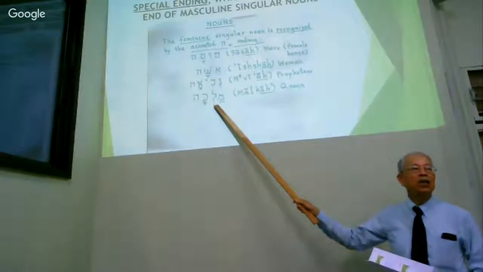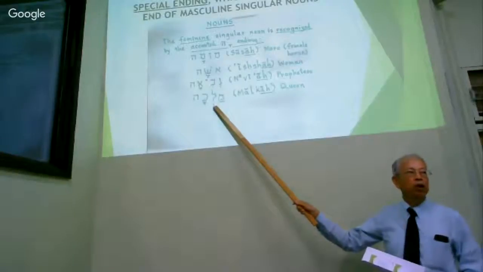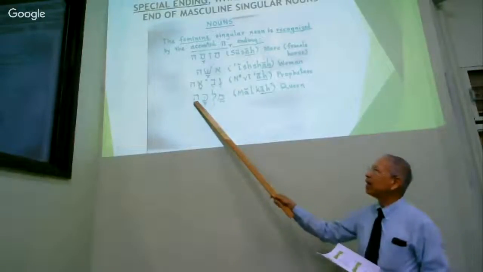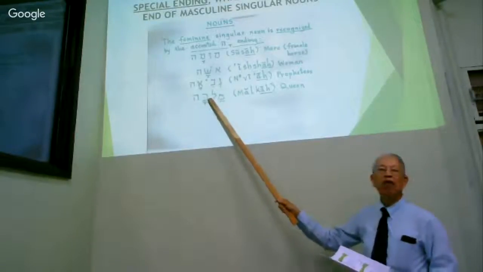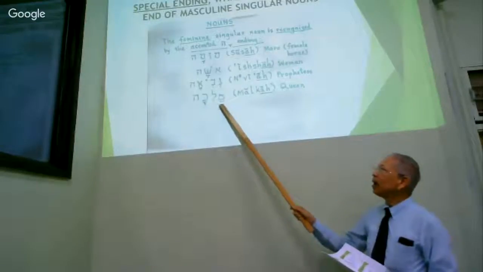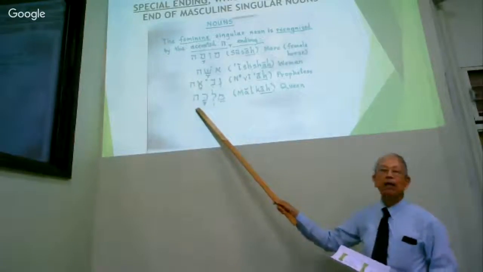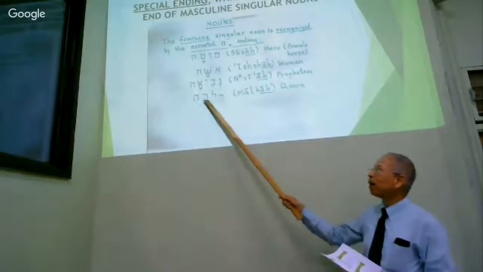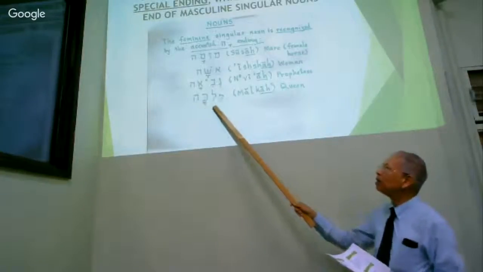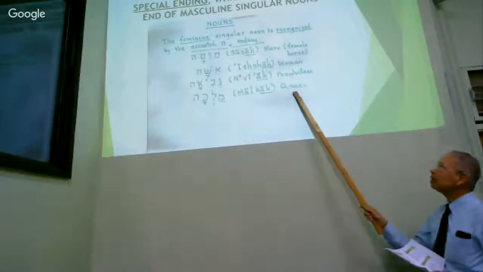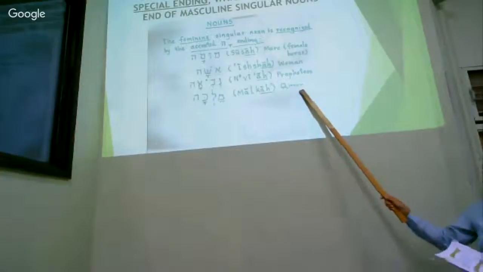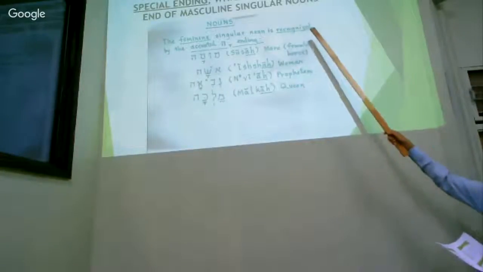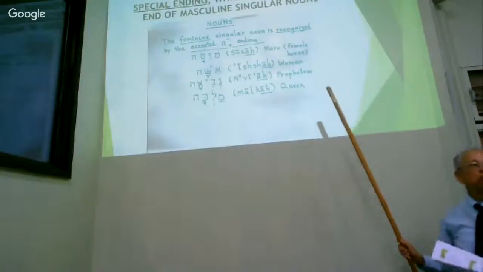Melech is king. But when you add commas A and A to the end of Melech, you have Malka being formed. Malka means queen. So the feminine singular nouns have one special ending.